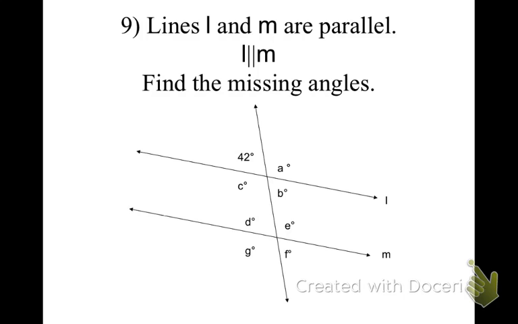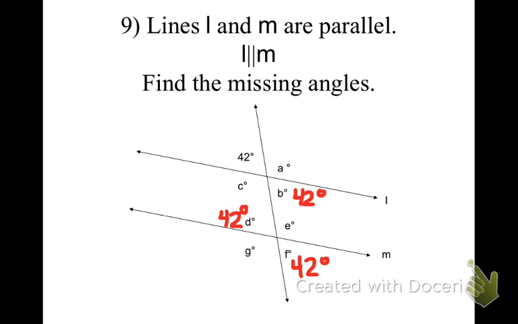So I start with my angle B because it is an angle that is vertical to the one given. D is in a corresponding position to the original angle, and it is also alternate interior to the one I just found. And therefore F is 42 degrees.